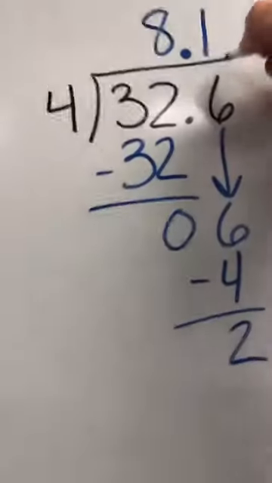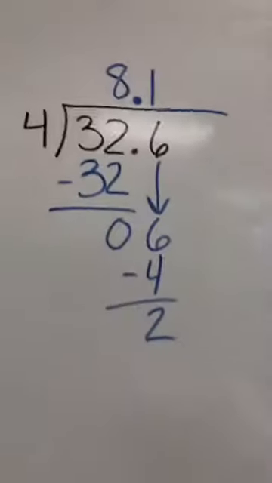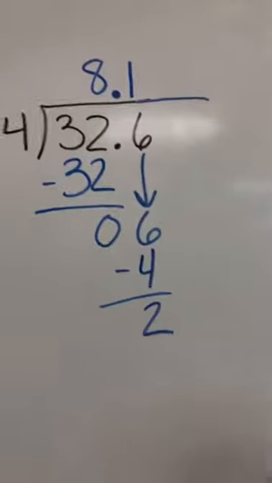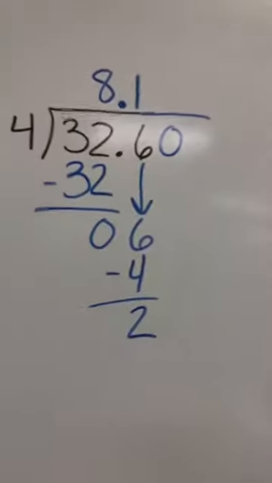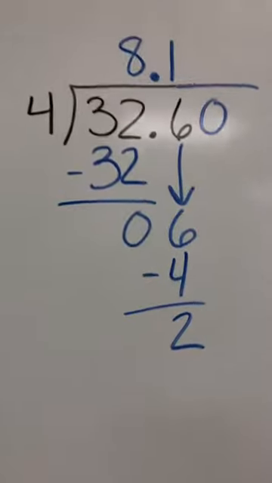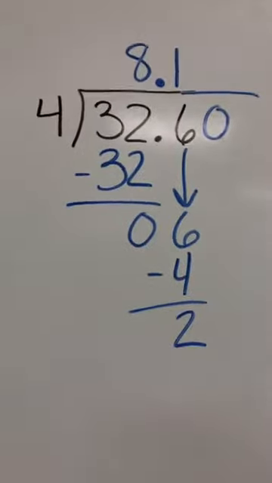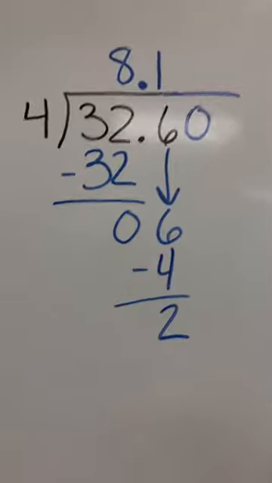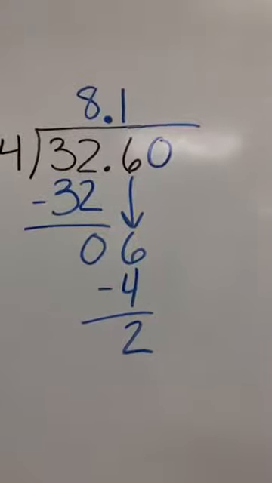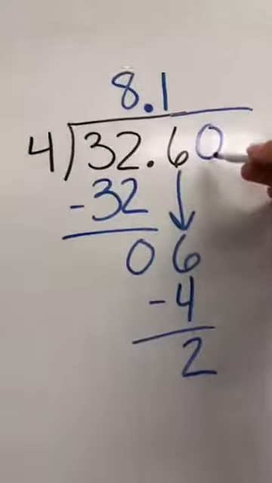What you're really going to want to do is continue the DMSB, and to do that, I'm going to add a 0 here, and that does not change the value at all. 32 6/10 is exactly the same value as 32 60 hundredths, so adding a 0 does not change the value.